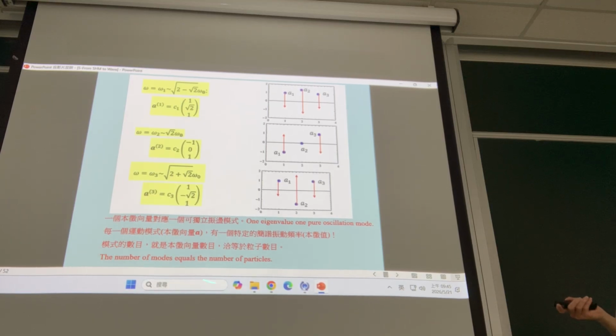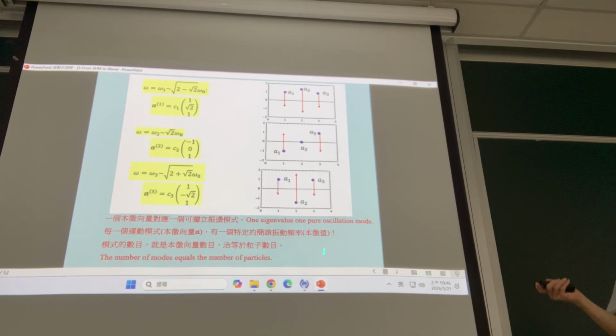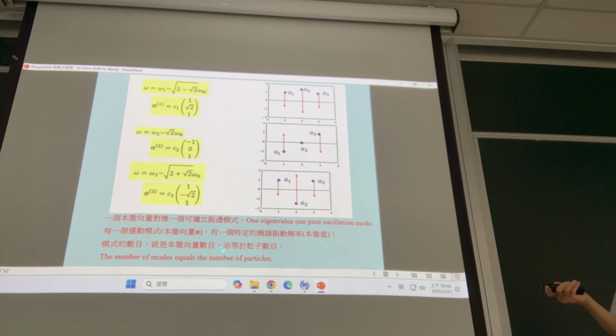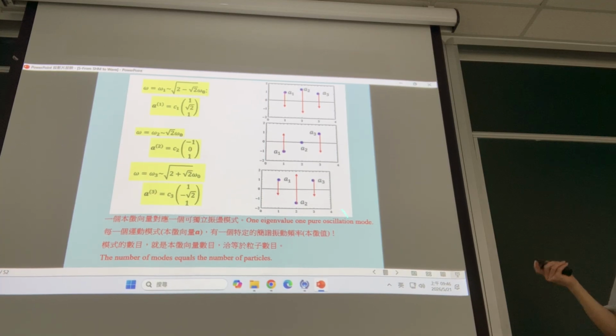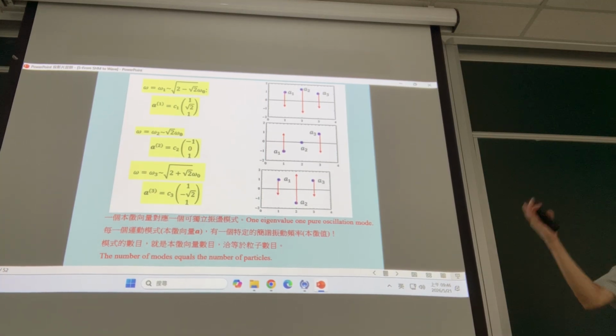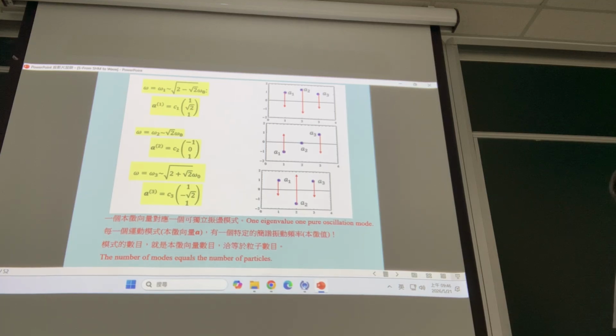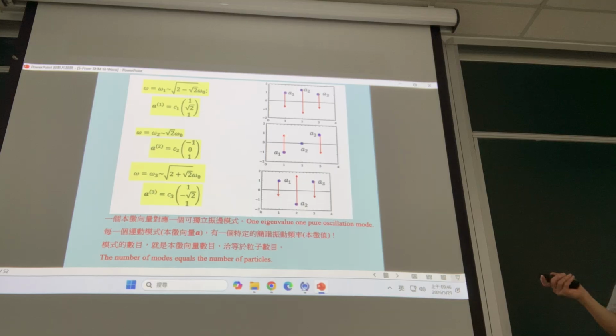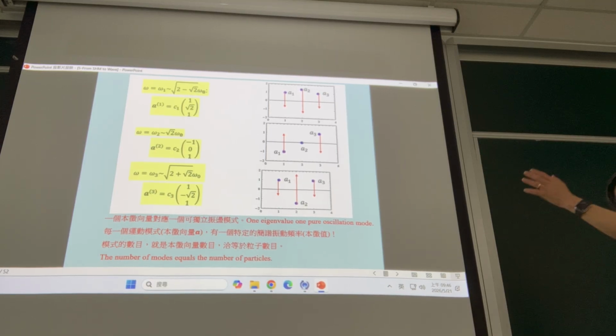Therefore, there are 3 modes, and 3 eigenvalues correspond to 3 modes. There is a one-to-one correspondence between the number of particles, the number of eigenvalues, and the number of pure modes.